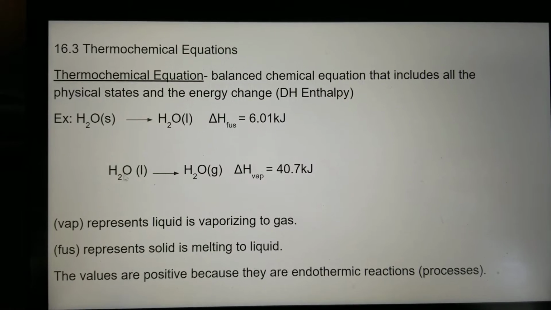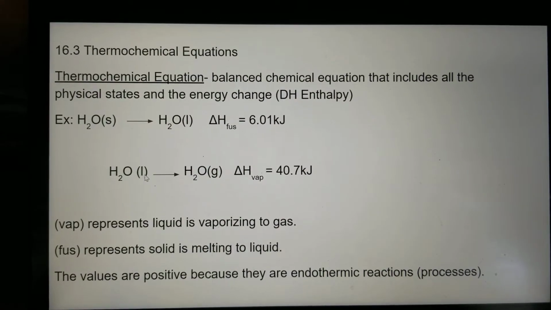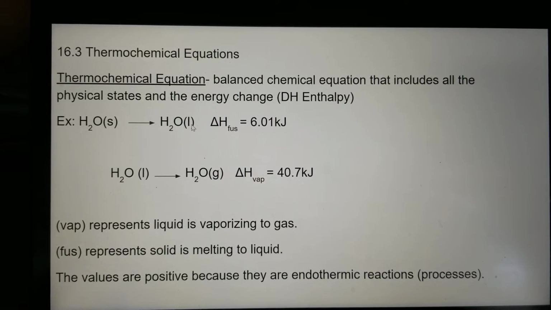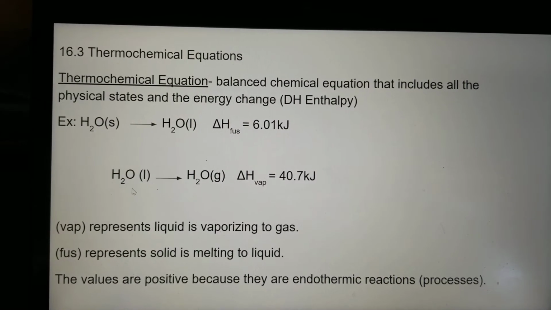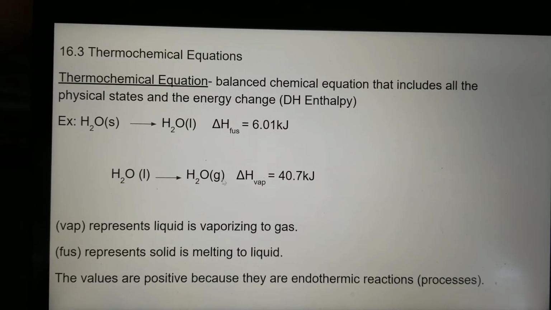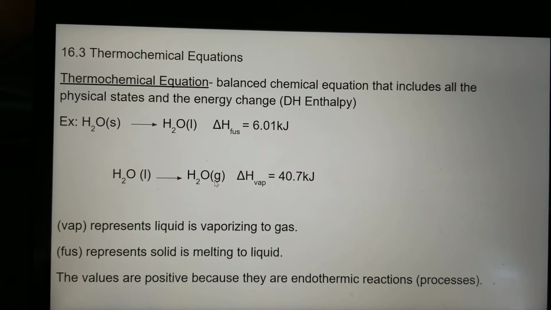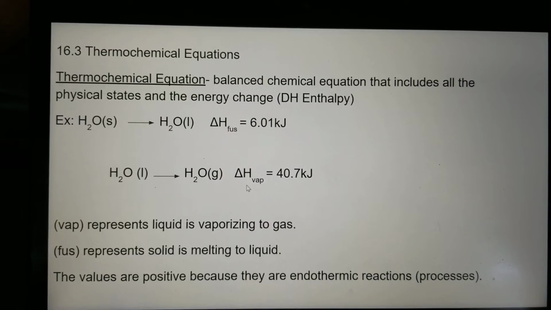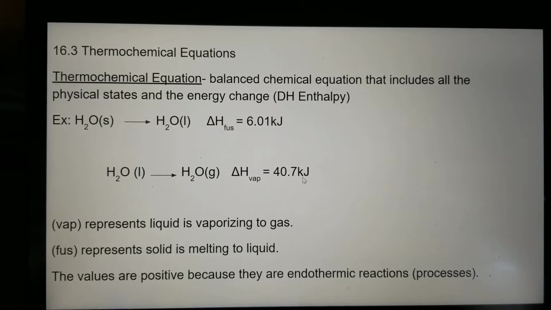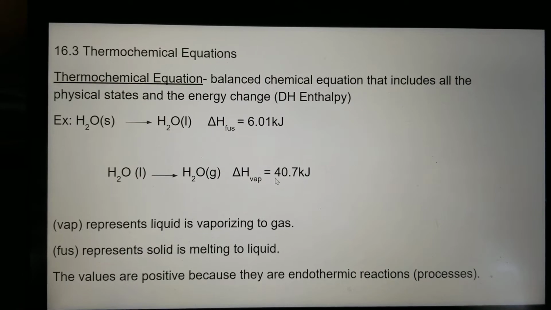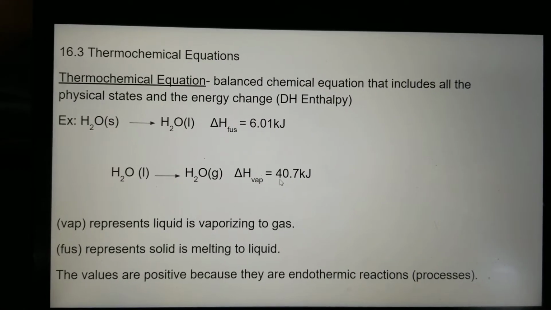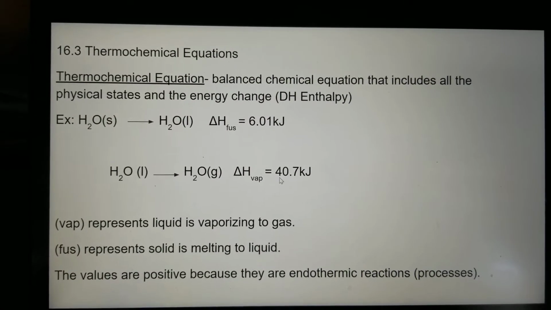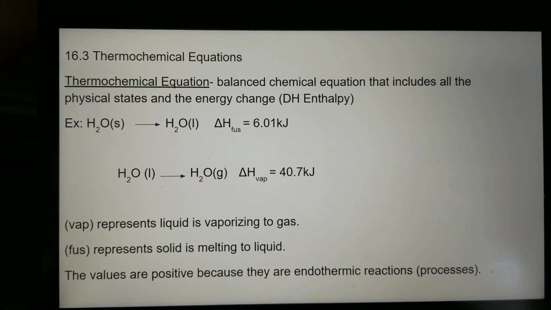If there's liquid water, and these are L's, by the way, for liquid, and it evaporates into a gas, then the delta H value for that is 40.7 kilojoules. Again, also a positive value. Both of these processes are endothermic. They both absorb heat for this to happen.